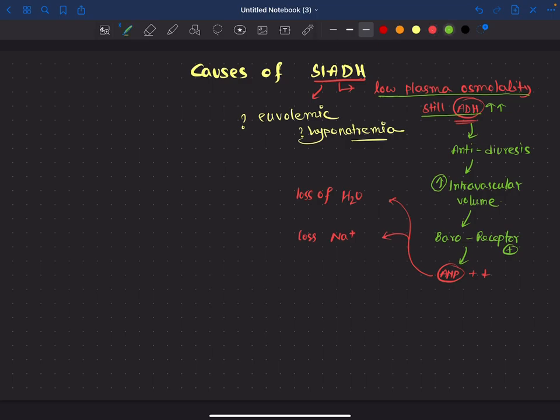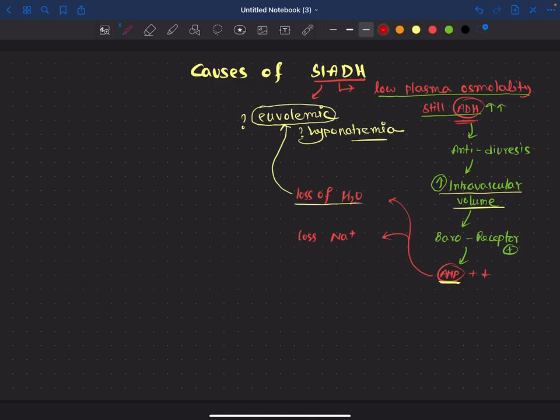Now you understand there is increased volume of water inside the vessel, so intravascular volume was increased, but because of that there is loss of water happening, and that makes the euvolemic state. So ultimately there will be a euvolemic state.